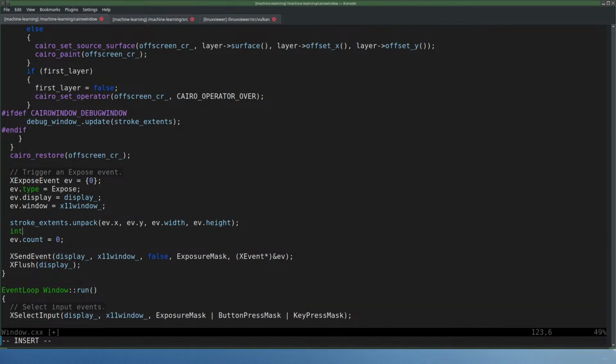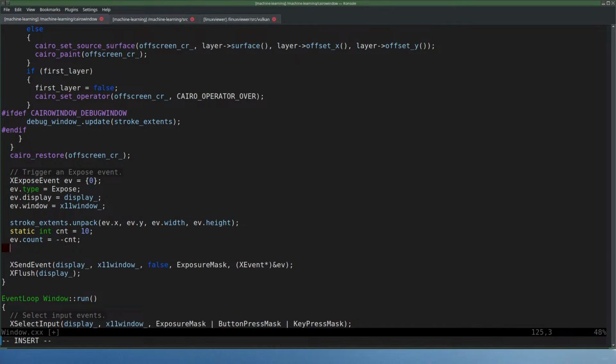But I'm introducing here some static counter. And we're using that. Or whatever, try it out.